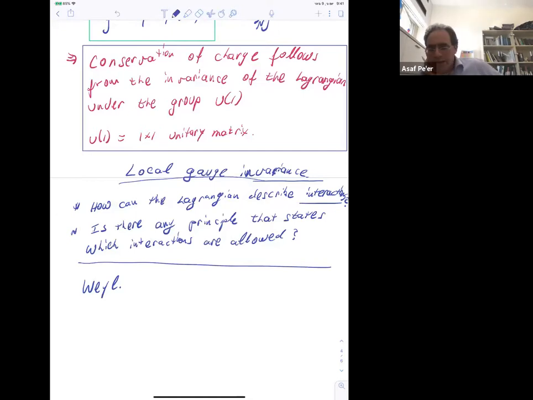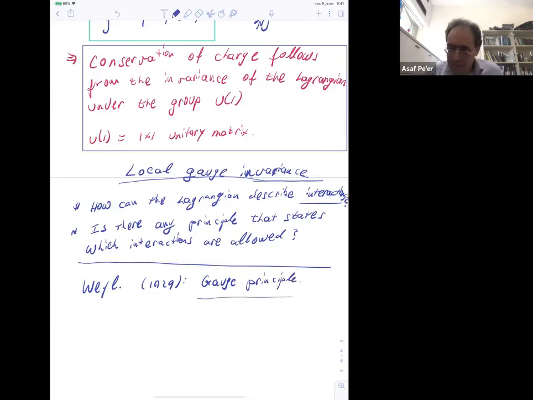And around 1929 or so, he suggested the idea of the gauge principle, which means the principle of invariance under gauge transformation.